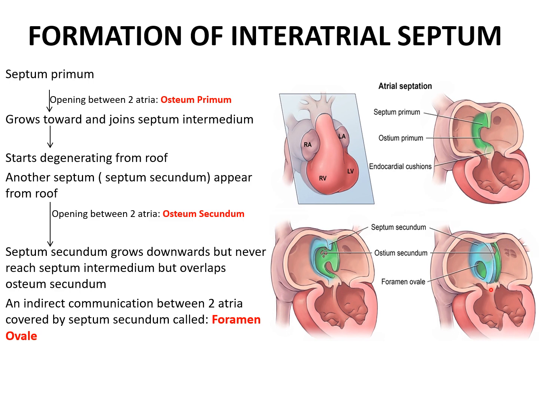Only two ends of the septum can join the septum intermedium, thus forming an indirect opening where we can see the blood can flow from this opening here and then ultimately through the foramen secundum into the left side or vice versa. So this indirect opening is called as foramen ovale.